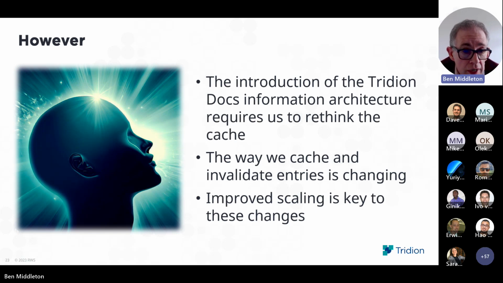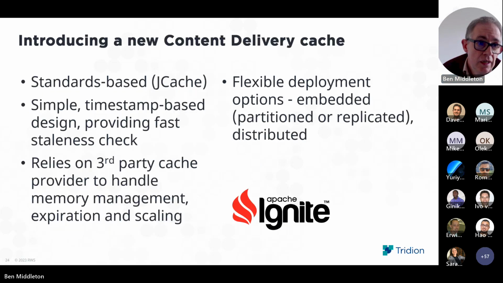In particular, the way we invalidate entries, perhaps getting rid of some of the complexity that we had in the end, and finding ways of improving scaling as well, because the previous cache was all in process within individual services, and it relied very much upon the memory footprint of that service serving the needs of the cache, but no way of actually scaling that out across other services. So this is why we came up with this new cache mechanism.